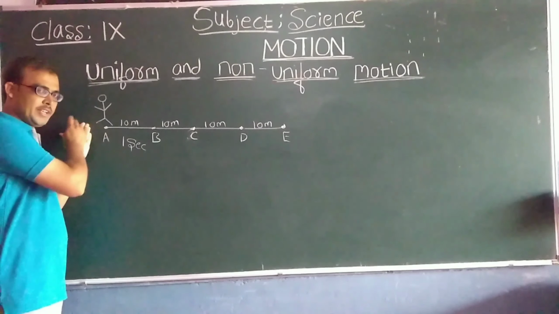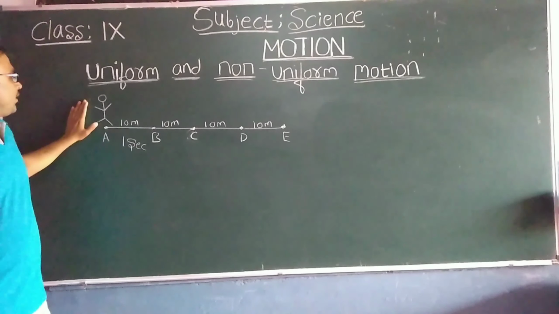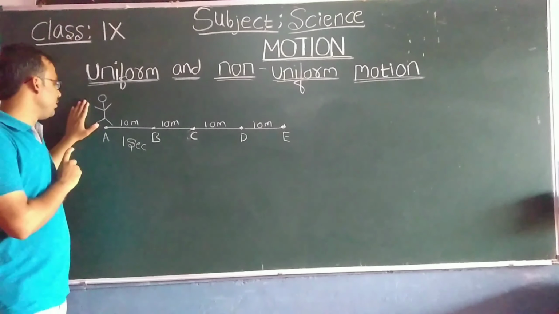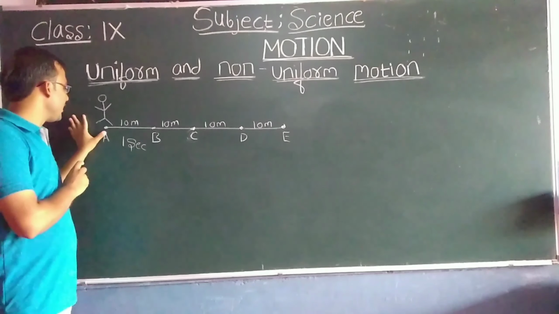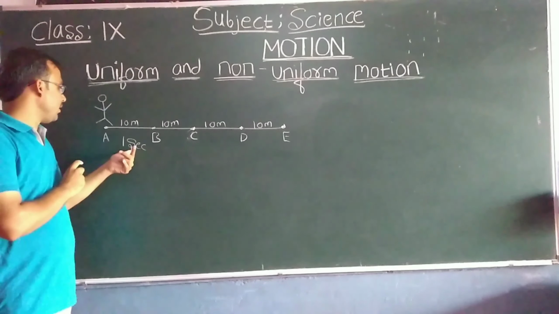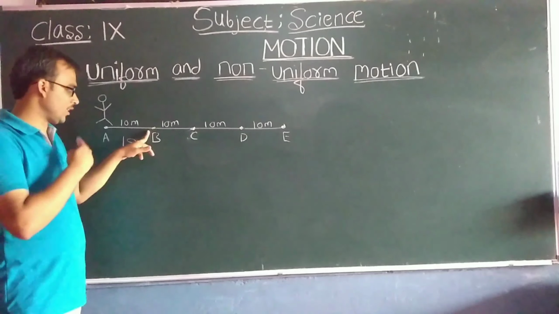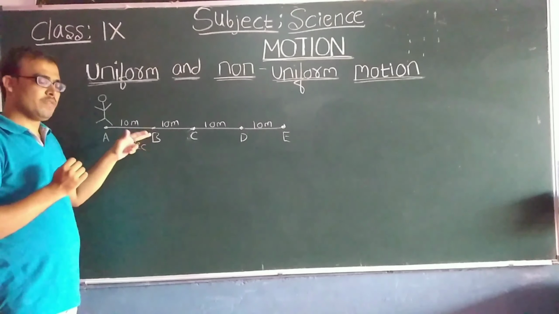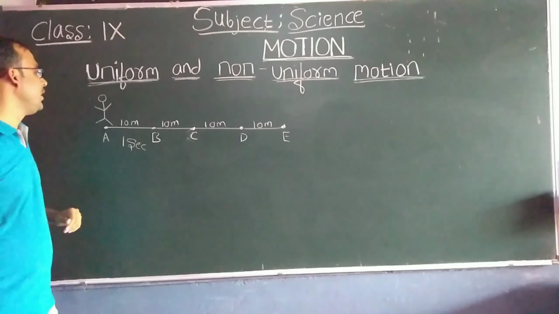Now the man is standing at the place A. Assume that first he has taken 1 second to cover 10 meter distance.